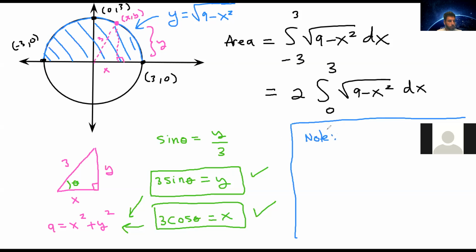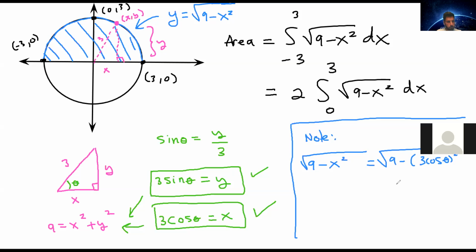Note, 9 minus x squared is the same thing as, well, what's x? X is 3 cosine of theta, squared.